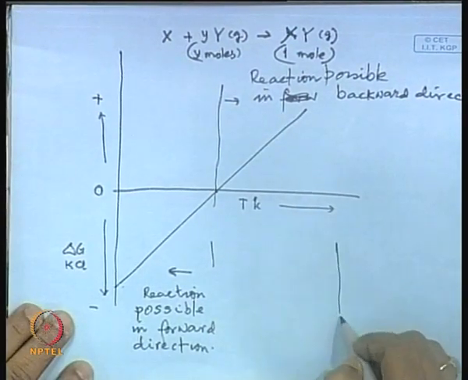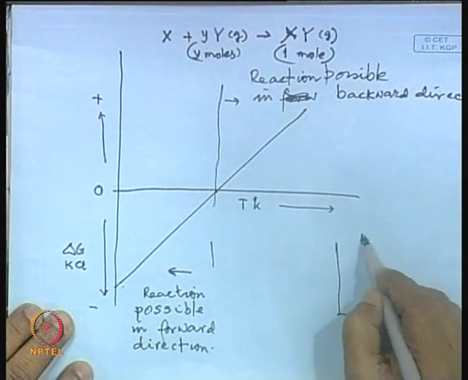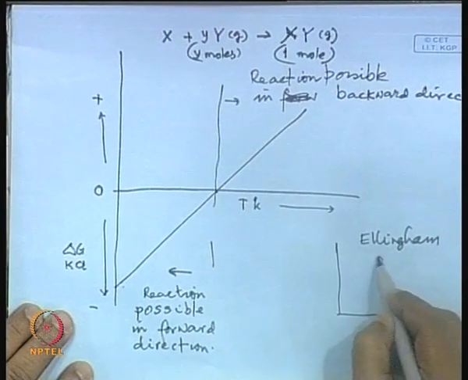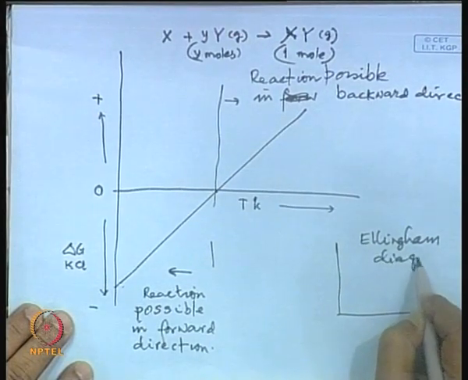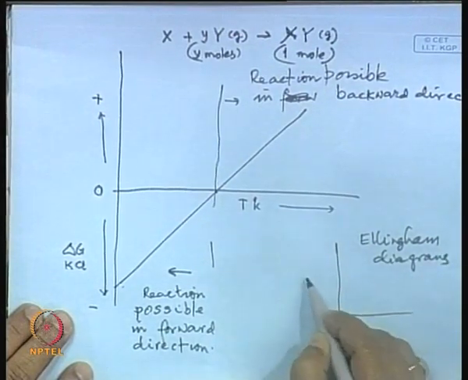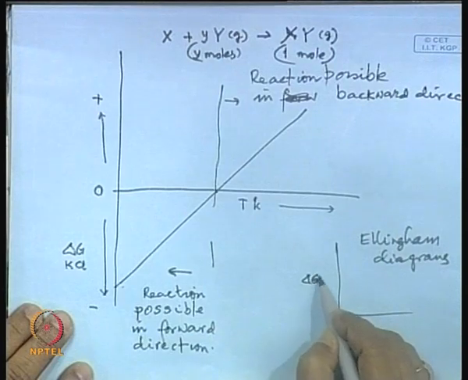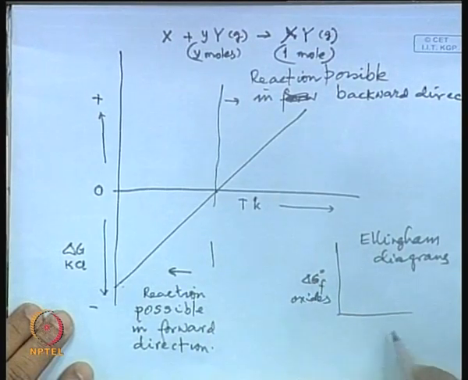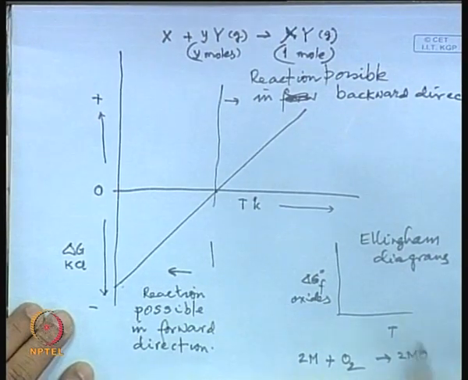You will recall that in the case of Ellingham diagrams, we had free energies of formation of oxides plotted against temperature. Basically, it was metal always in terms of 1 or 2, and we are writing 2 MO. The picture is somewhat similar.